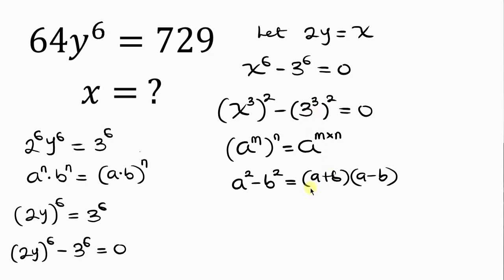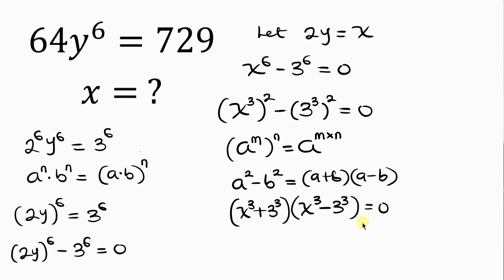Now let's write that in this form. So this becomes a plus b, meaning x cubed plus 3 cubed, that's a plus b, times a minus b. A, remember, is x cubed minus b, 3 cubed. That's it. Equal to 0. So we've been able to apply the property of difference of two squares to this expression to get this.